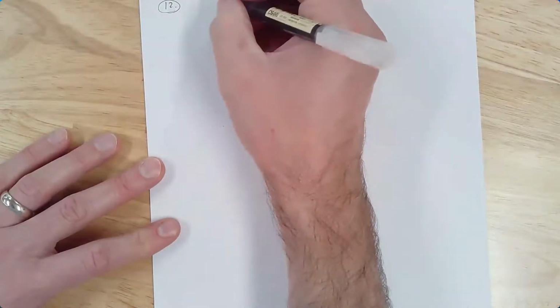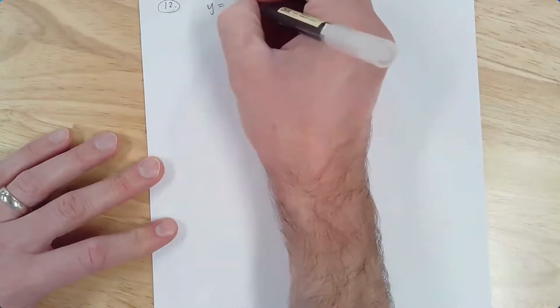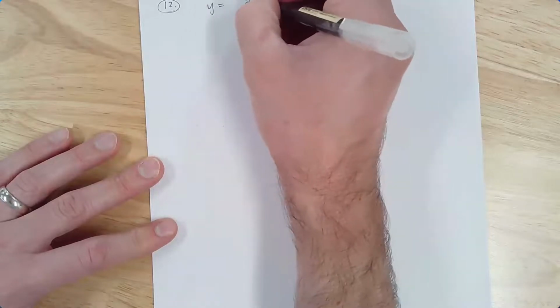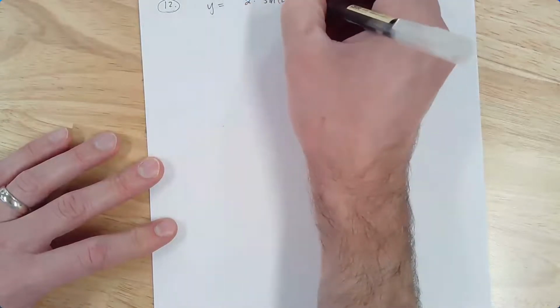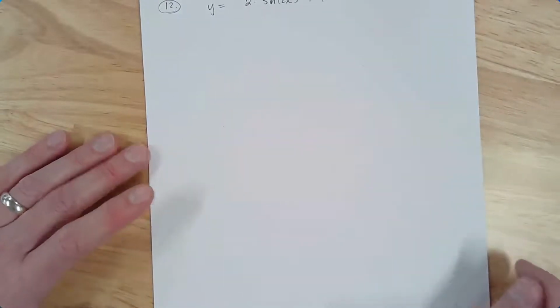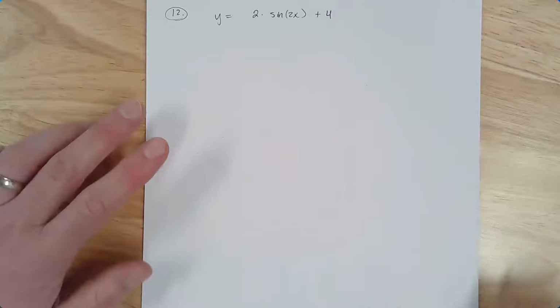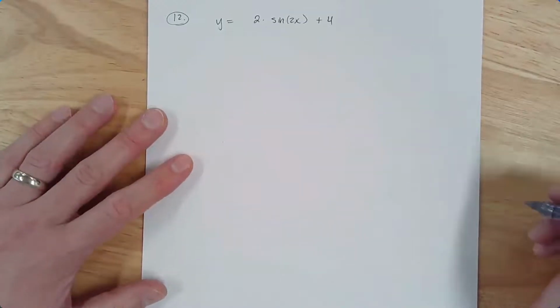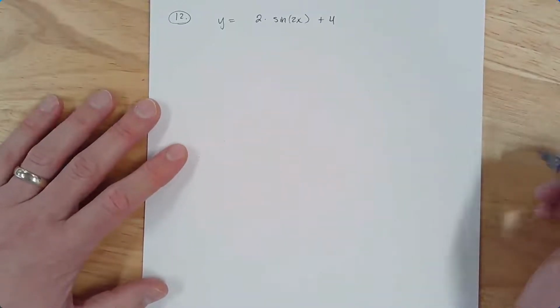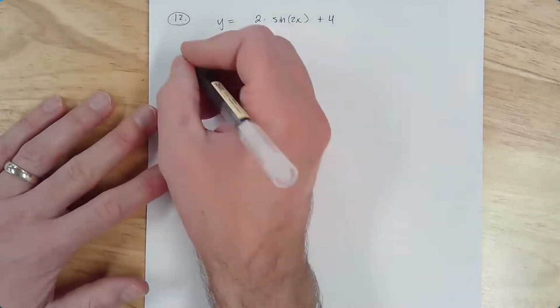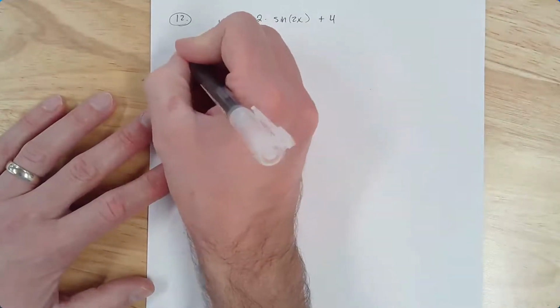I want to graph one period of y equal to 2 times sine of 2x plus 4. And I'm going to try and show you how to do this writing down the least amount of stuff. So first things first, I want to find my period.